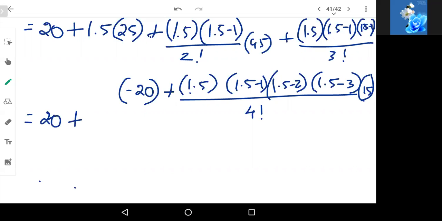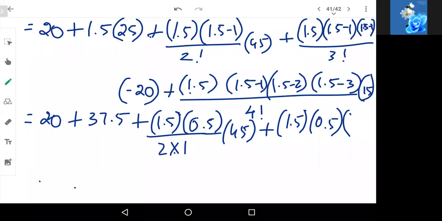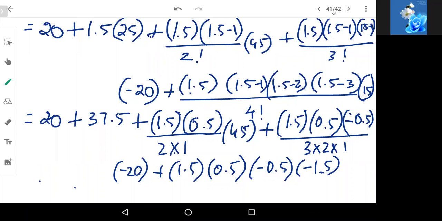20 plus 1.5 into 25 will give you 37.5. So you get 37.5 plus 1.5 into 0.5 divided by 2 into 1 into 45, plus 1.5 into 0.5 into 1.5 minus 2, which is minus 0.5, divided by 3 into 2 into 1 into minus 20, plus 1.5 into 0.5 into minus 0.5 into minus 1.5 divided by 4 into 3 into 2 into 1 into 15.